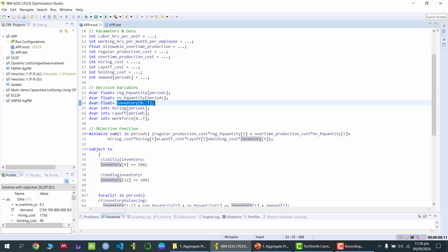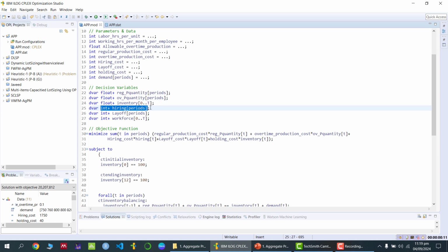For that, we need to tell how much quantity we have in the initial inventory. So instead of using periods, we are using 0 to capital T, because the initial inventory is already given as 100, and then up to T. So in the inventory array we have 13 boxes, and every box has a certain number, from 0, 1 up to 12.